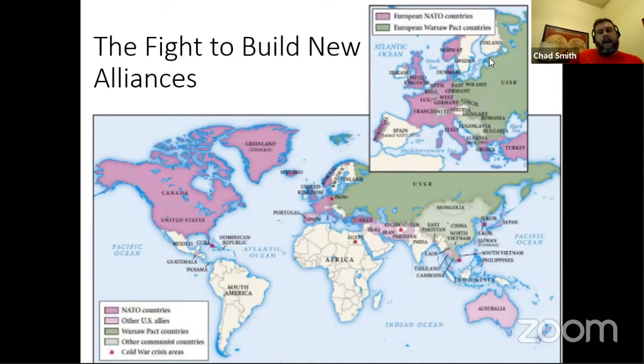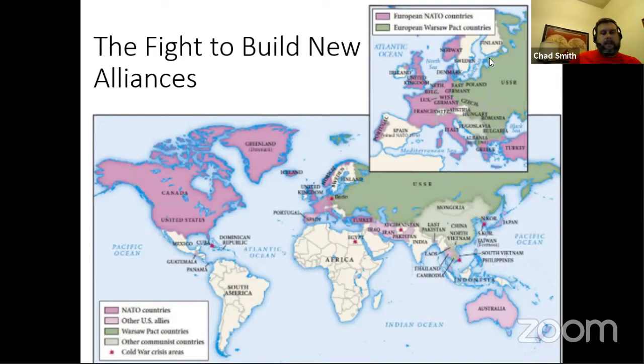The Soviet Union and the United States of America also fought the Cold War through attempting to build alliances between communist and non-communist states. This started when the United States pursued creating the North Atlantic Treaty Organization. The North Atlantic Treaty Organization, often referred to as NATO, was a defensive alliance designed to protect each other from communist aggression.